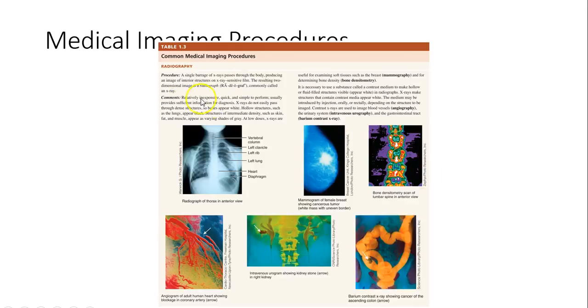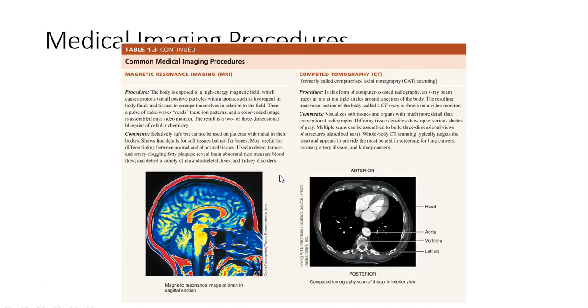So Table 1.3 in your book shows various imaging techniques and what you might use those techniques for, how the images are obtained, and what they are best used for. So here you can see the techniques and the images that would be obtained with magnetic resonance, MRIs, or computed tomography.